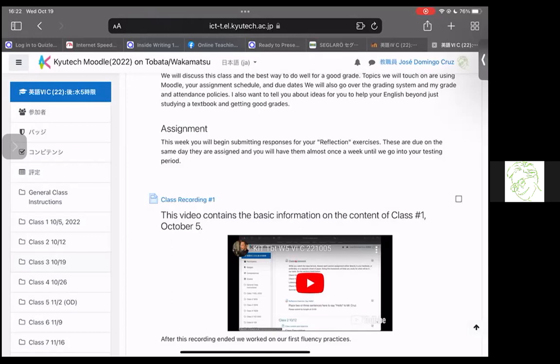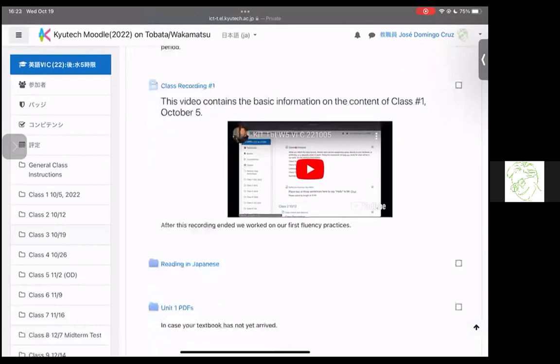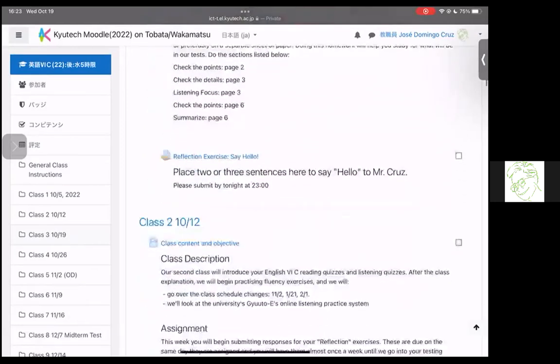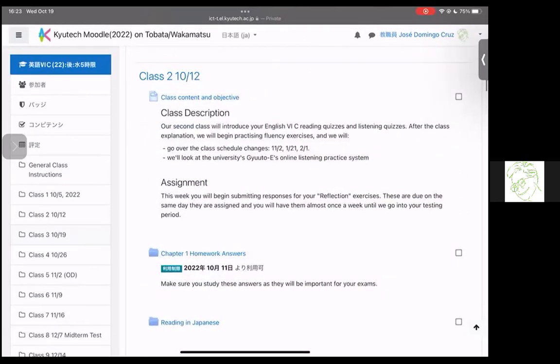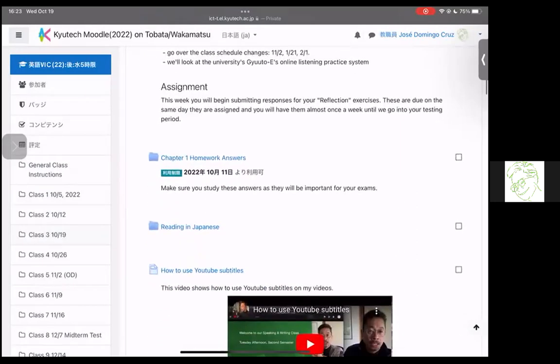You can always use it in English or in Japanese, because YouTube has the ability to give you those Japanese subtitles that make it easy to understand. In any case, class 2's video, I'm sorry, it looks like I forgot to put it up yet, so I will do that tonight. Now let's take a look at what you need to do for this week.